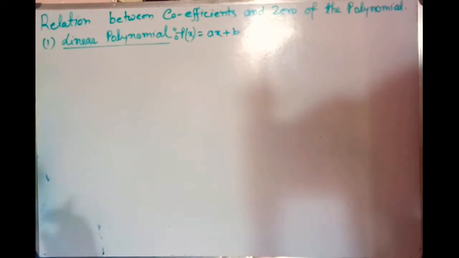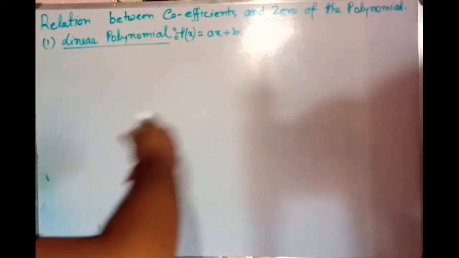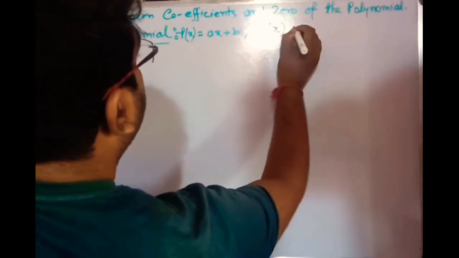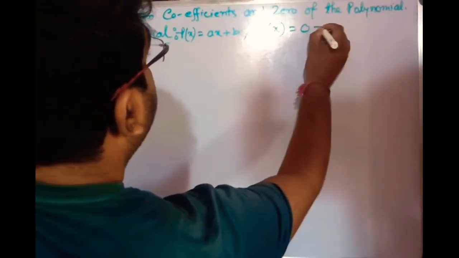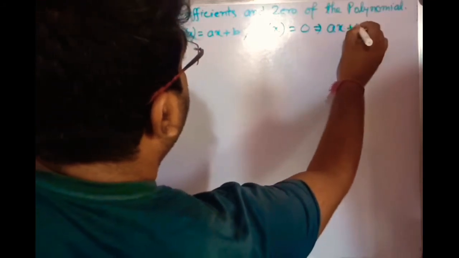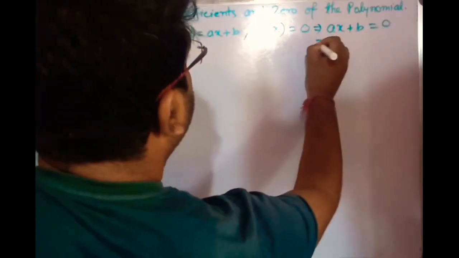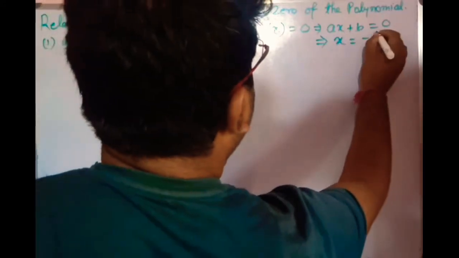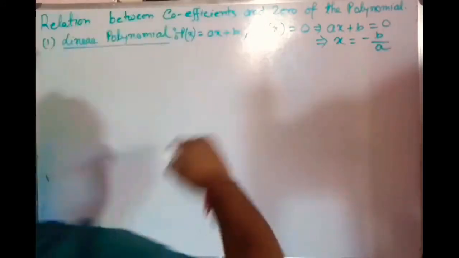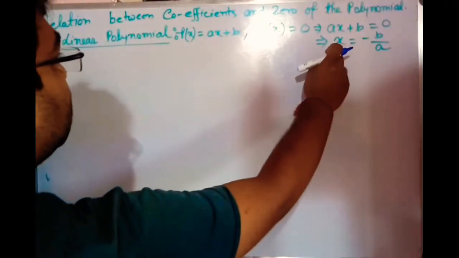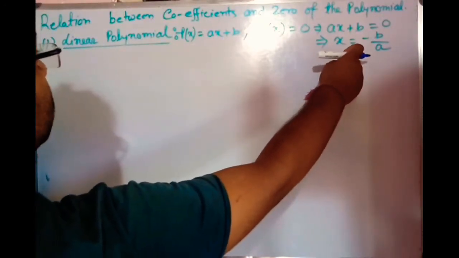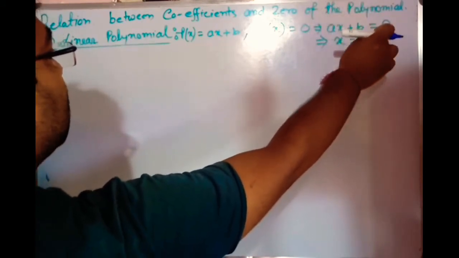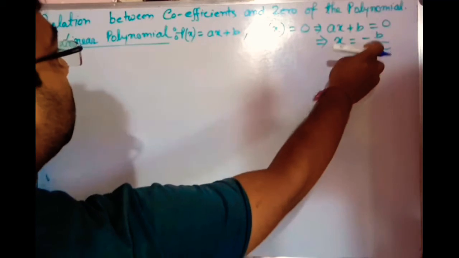Now for getting the zero we have to make p(x) equal to 0. That implies ax plus b equals 0, which implies x equals minus b by a. That means x is the value for which this expression becomes 0, and that is called the zero of that polynomial.